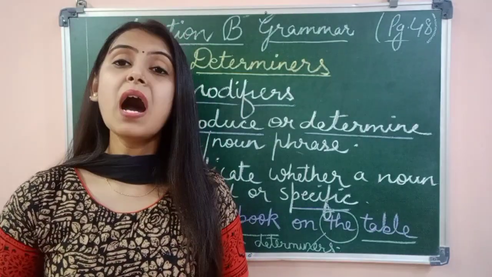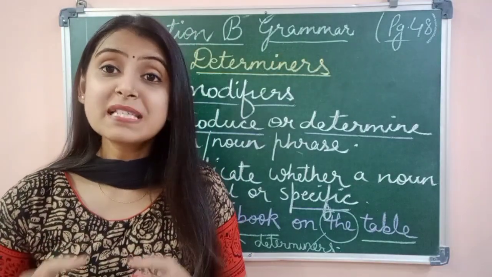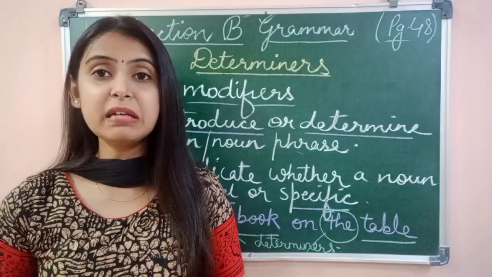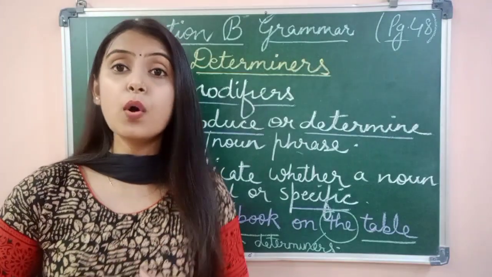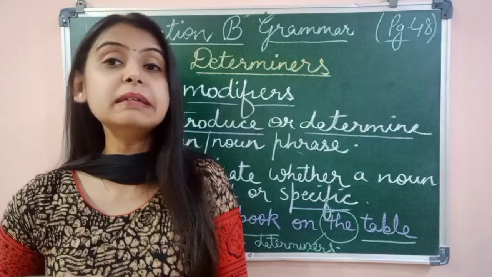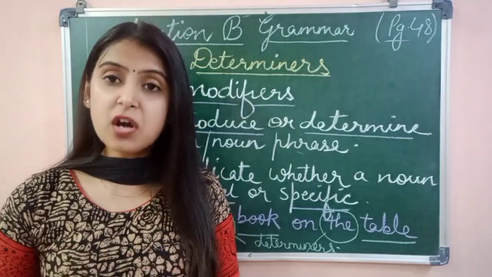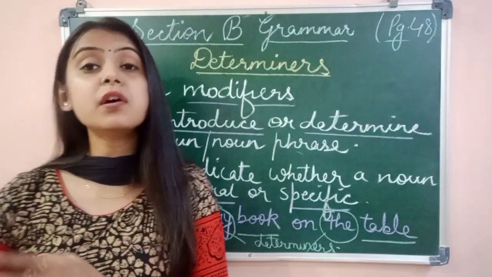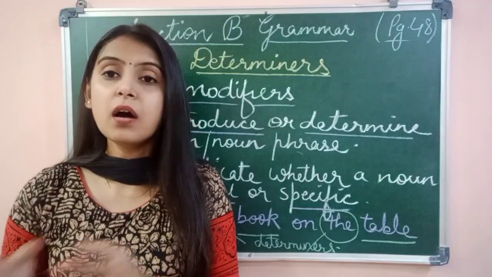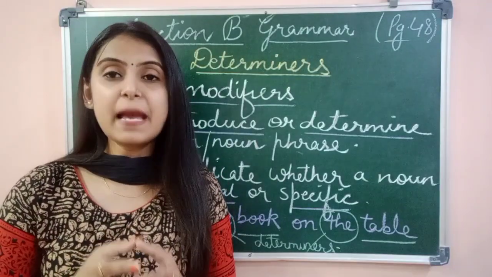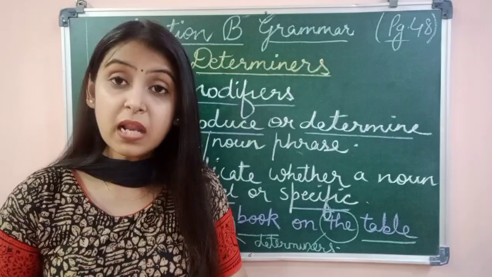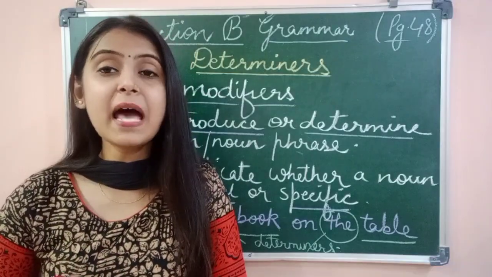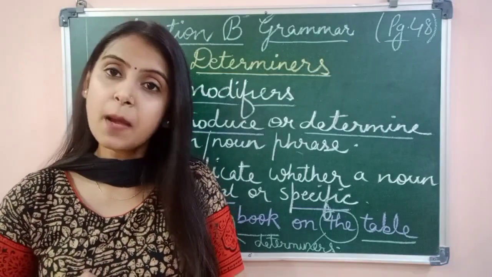Now here I am making the noun specific by using the determiner the, the book that my father ordered last week, right? So determiners a and the here are determiners. Fine. A book tells you that I am talking about the book in general, and the book tells you that I am talking about some specific book.